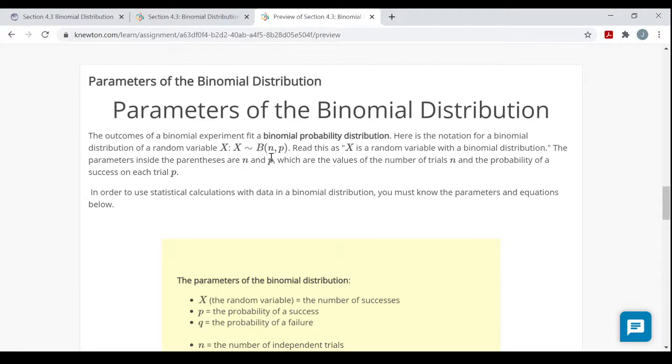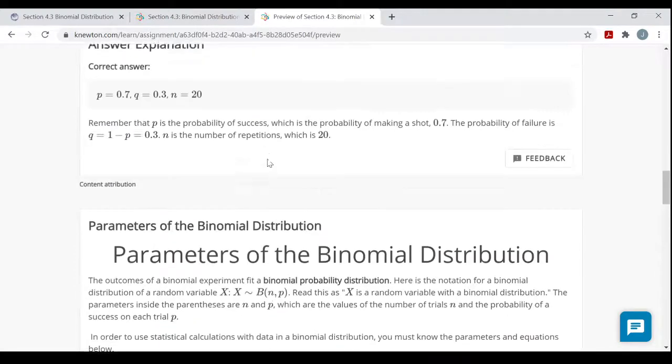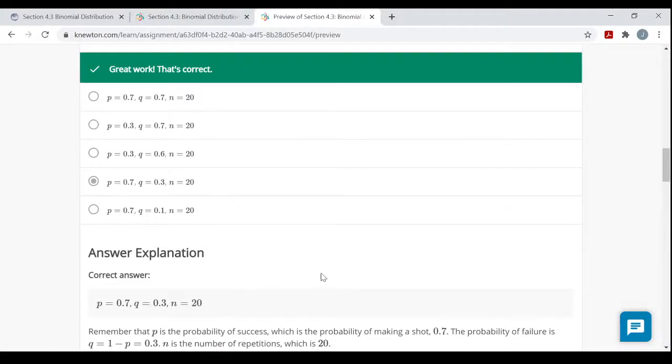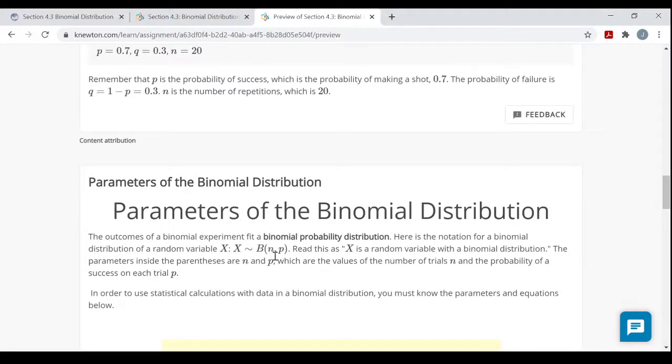Now the first value here is the number of trials, right? The n trials. So back up in this example, it would have been 20, right? Then a comma, and then right after that the p, that probability of success on each trial. So back up in this example, it would have been the 0.7. So if you see this notation, it means that we have a random variable that fits the binomial distribution, right?